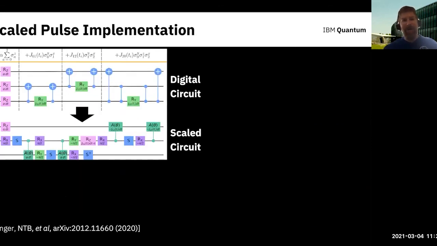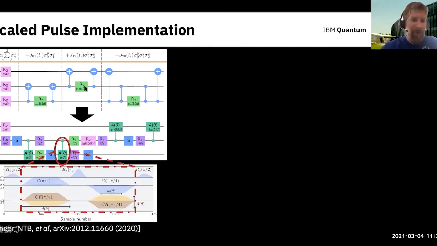But that's not really what I wanted to show you. I kind of wanted to show you that, well, if we know what the pulses are doing, then we can modify those pulses and get a scaled circuit that's different from this digital circuit. So what I'm going to do is I know what my CNOT looks like because I'm a pulse user and I know what my native basis gate sets are, and they're composed of these things.